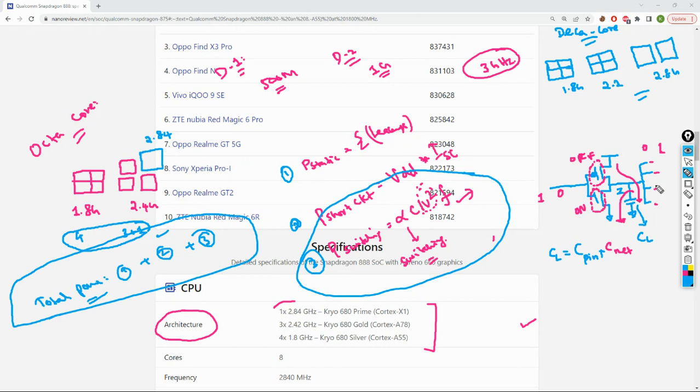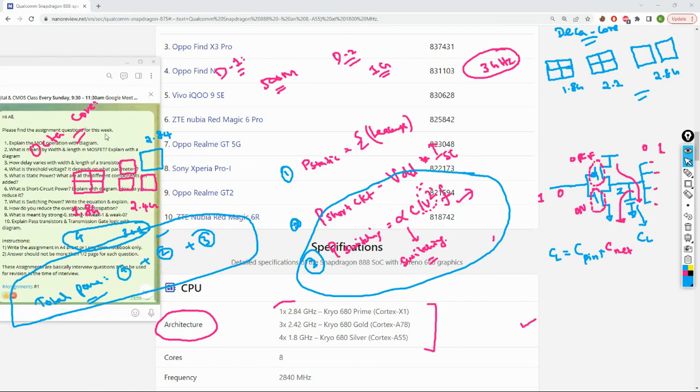Okay. I would have really liked had you gone to this level. Any doubts here? I know I'm trying to help, spend some time on assignments. Here we have written the question, like, how do you reduce overall power dissipation, etc.